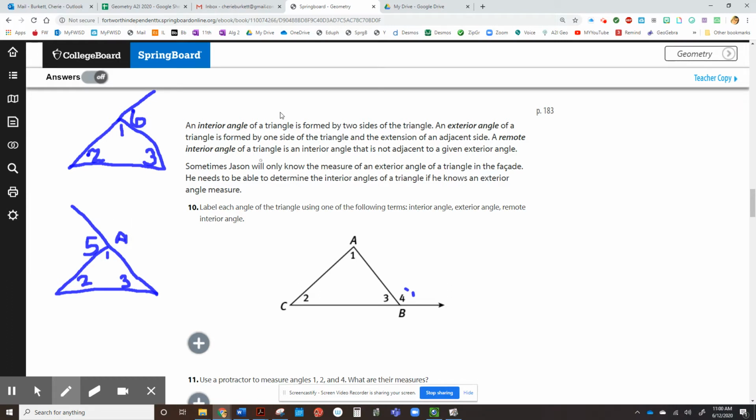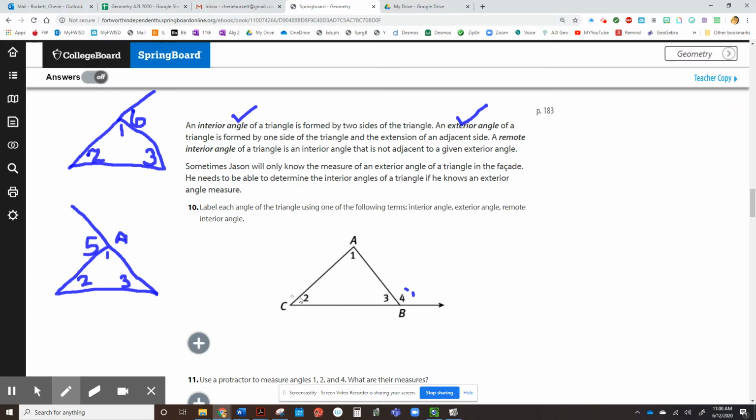Okay, so those are the vocabulary words. I've got interior angle, I've got exterior angle. What do I mean by remote interior angles? I pointed out that if it's an exterior angle, it's attached to this interior angle right here. It's adjacent to it.